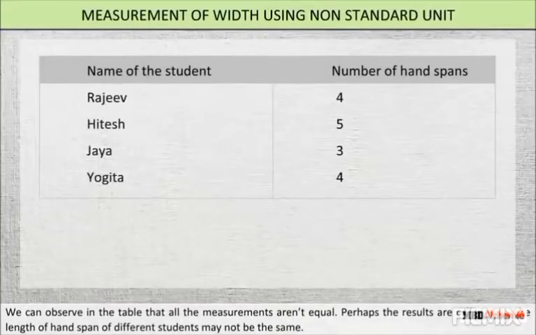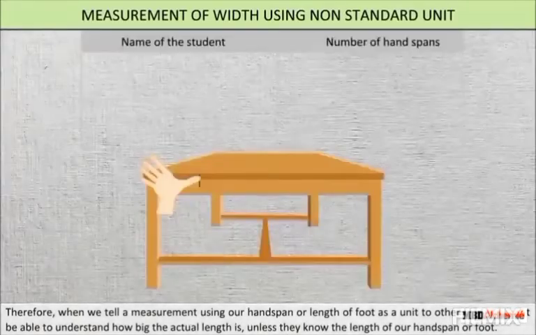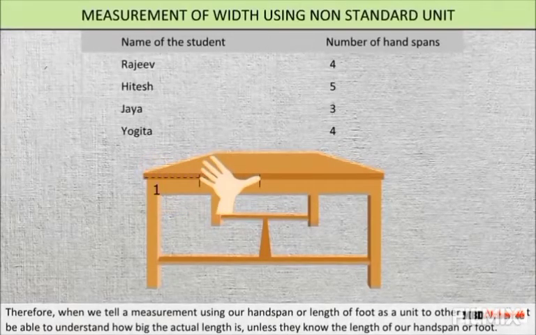When some students measured the length of the table by hand span, you can see that all the measurements are different. Different students have measured the length of the table differently, because the length of the hand is different for everyone. So this type of measurement is known as non-standard.